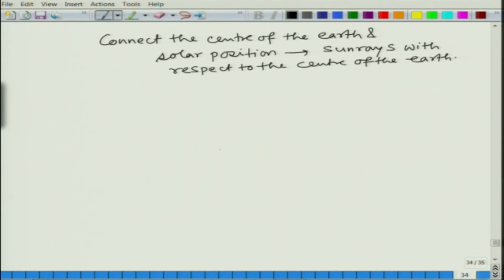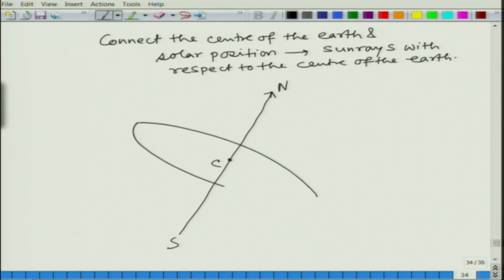Let us say that this is the tilted axis that we have, and this is the center of the earth, and we have an equatorial plane which is like this.